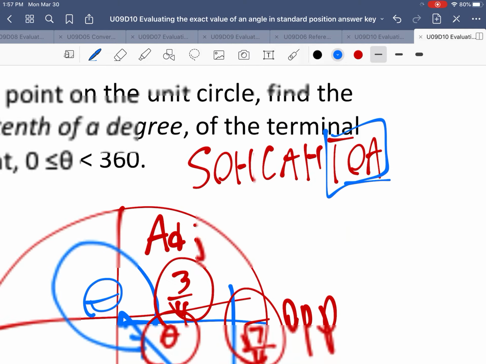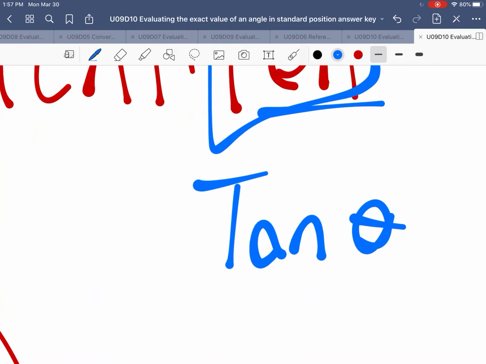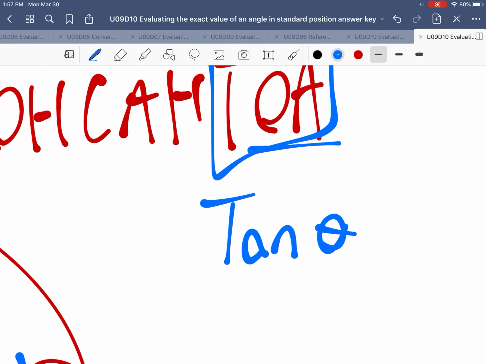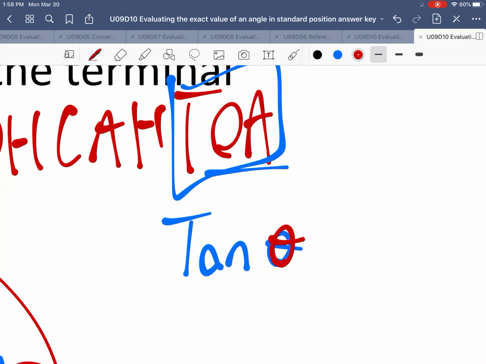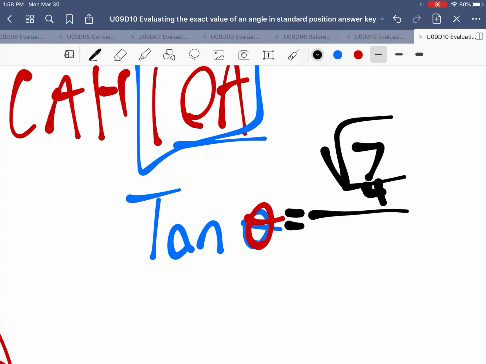So we're going to write the tangent of our angle, which in this case is red theta. You can label it x if you want to distinguish it from the other angle. The opposite side was radical 7 over 4, and the other side was 3/4.